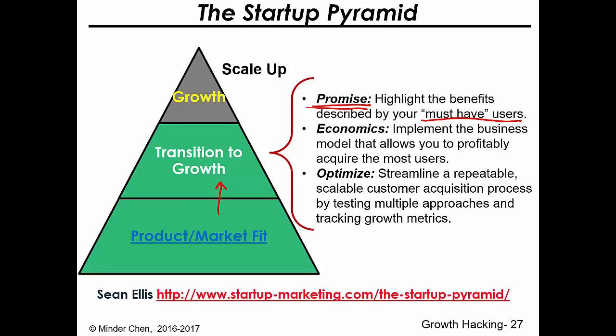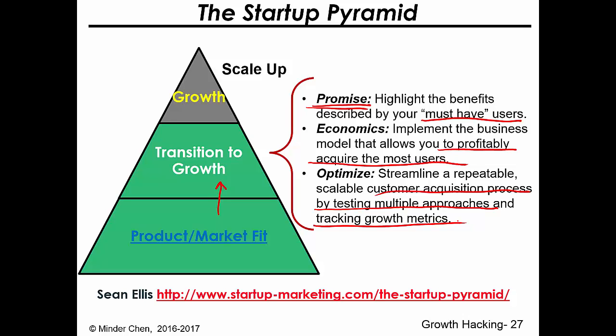And secondly, from the economics viewpoint, we want to implement the business model that allows us to profitably acquire most of the users that we target. And the third is to optimize. We want to streamline a repeatable, scalable customer acquisition process by testing multiple approach channels and also to track the growth metrics accordingly.